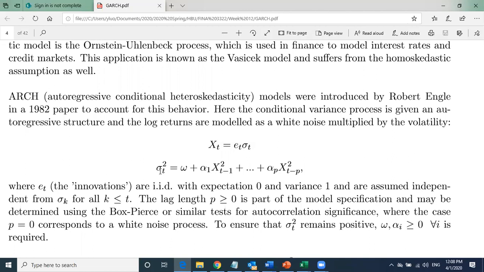So that's what the ARCH model is talking about. The major contribution of Robert Engle is that the stock volatility is related to the previous days' stock returns. Okay, any questions?